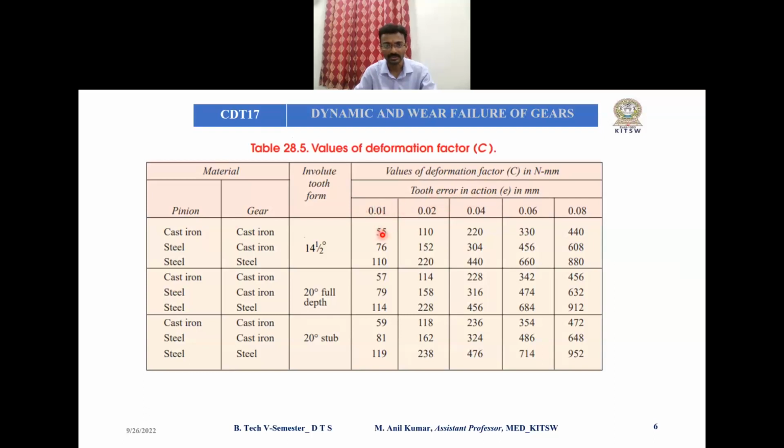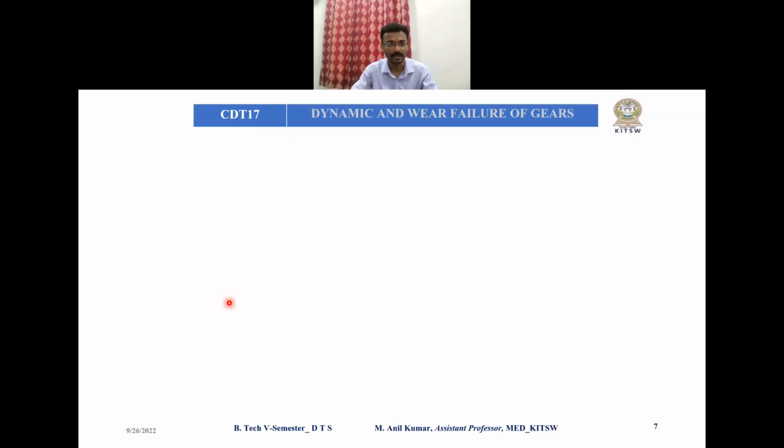If it is 0.01, the value will be 55. If it is 0.06, the value will be 330. Like that, various factors are defined here based on various tests. This data will be available in the data book.